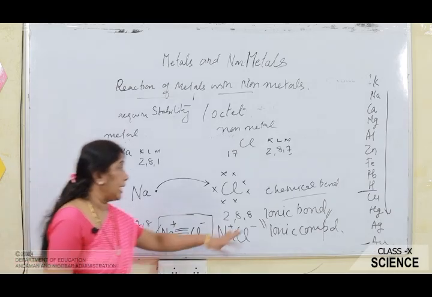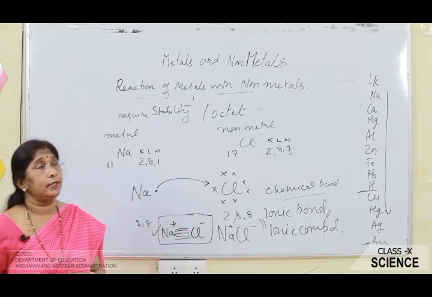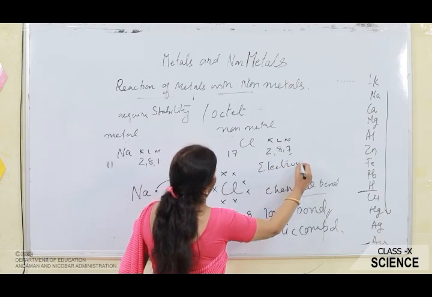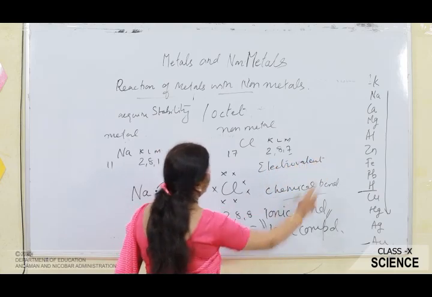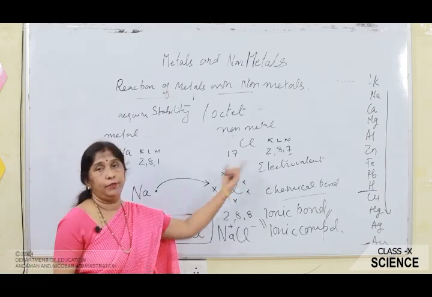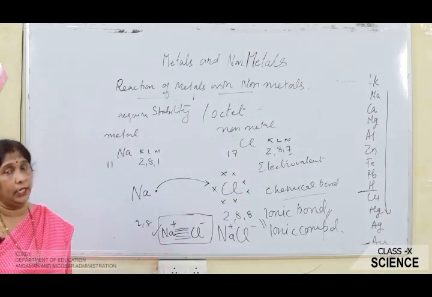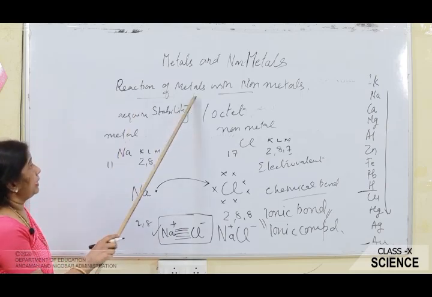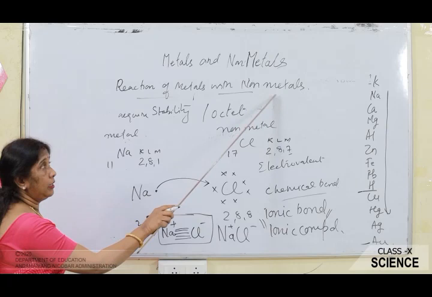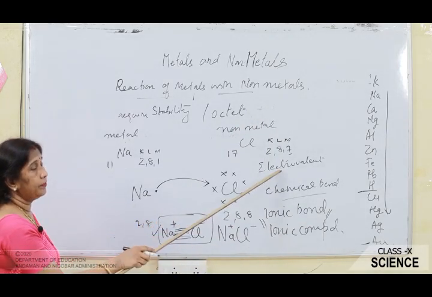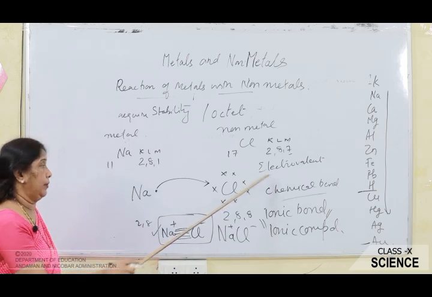This ionic bond is also called an electrovalent bond, and the compound is also called an electrovalent compound. So when a metal and a non-metal react together, what type of compound do they form?